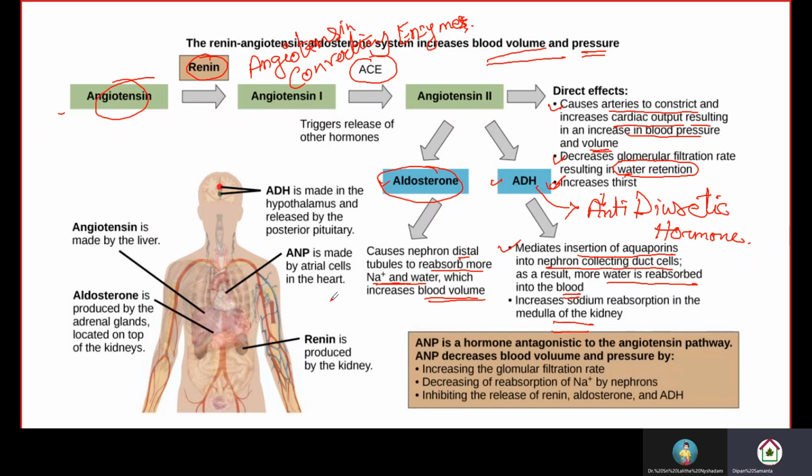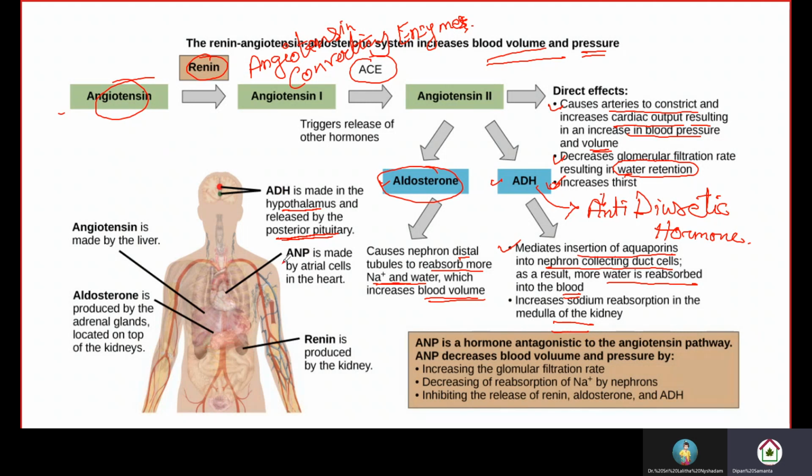Okay, and also remember where ADH is secreted. ADH is made in the hypothalamus, released by the posterior pituitary. These are all important points for physiology. So made in the hypothalamus, released by the posterior pituitary, is about ADH.